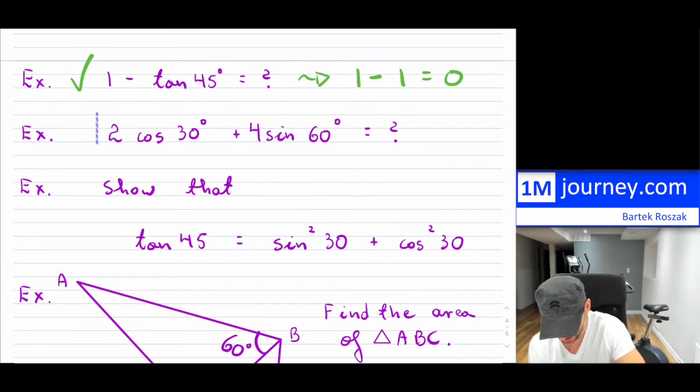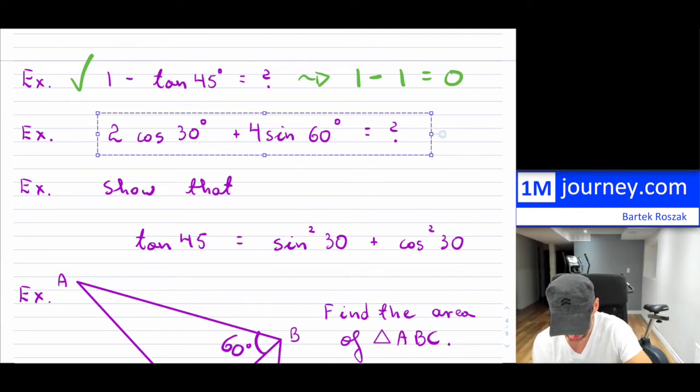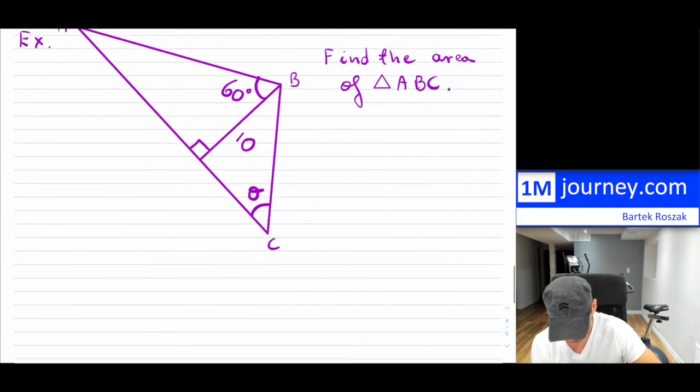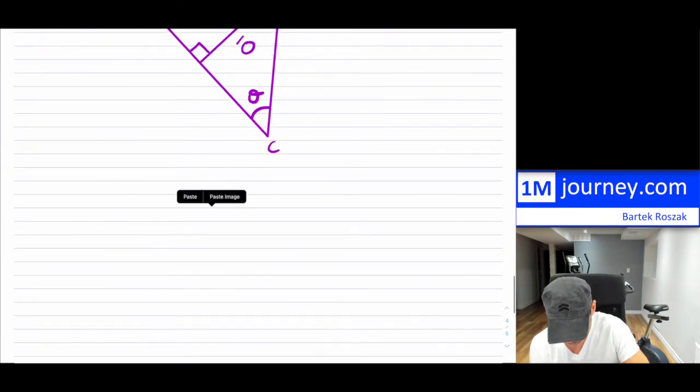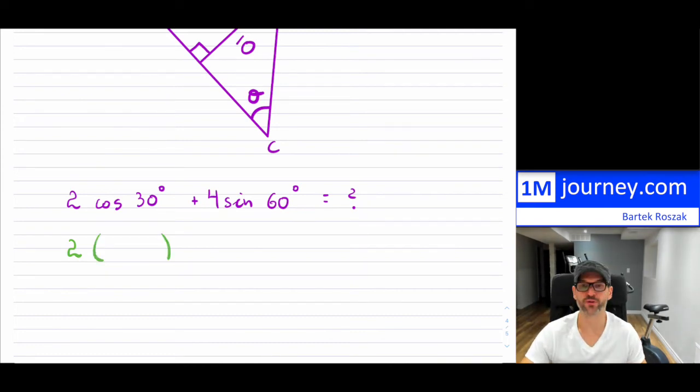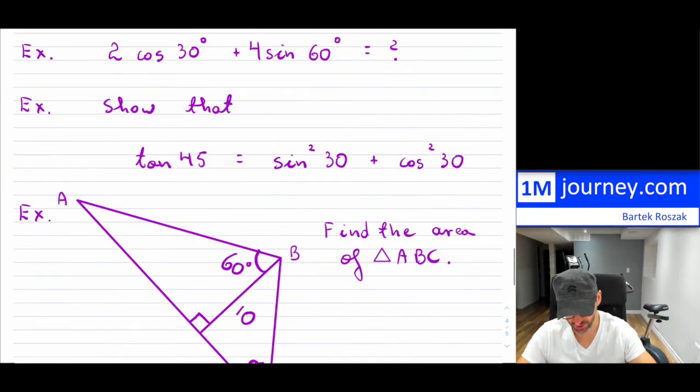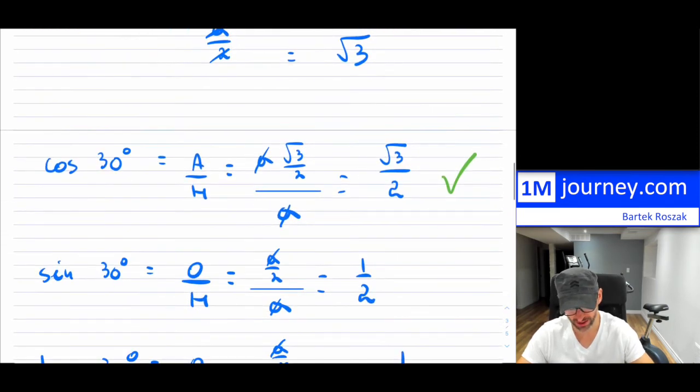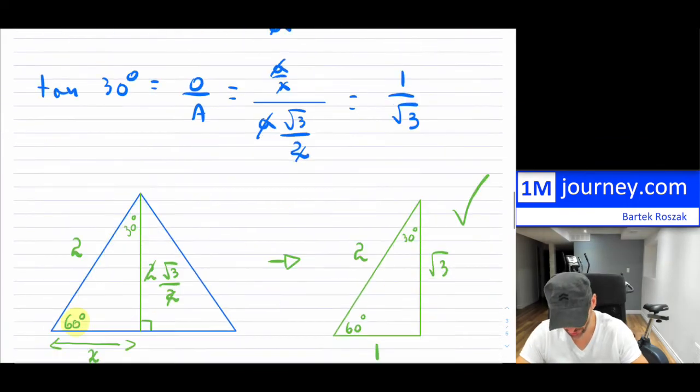Or for instance, if you take this, let me copy it and paste it here. If you wanted to find this without using a calculator, you can say, okay, this is 2. Now, what is the cos of 30 degrees? This is what we did right here, which is square root of 3 over 2.